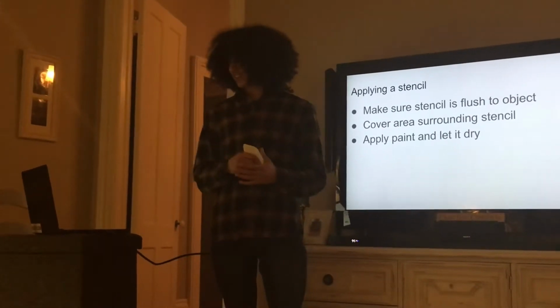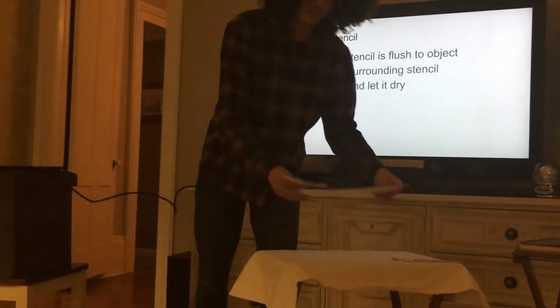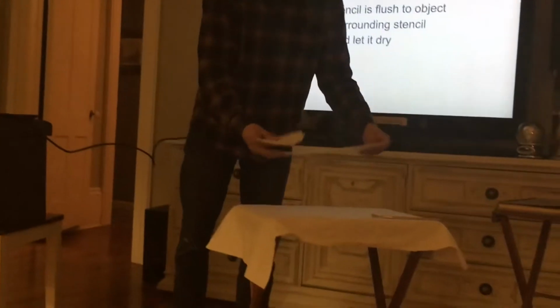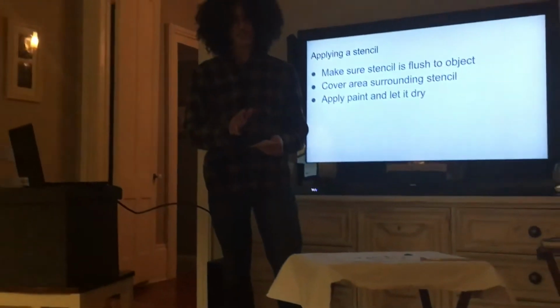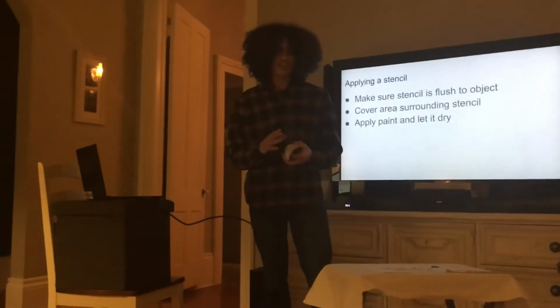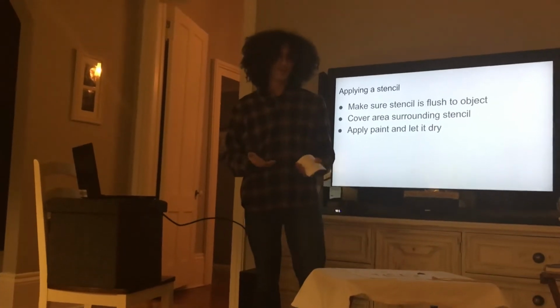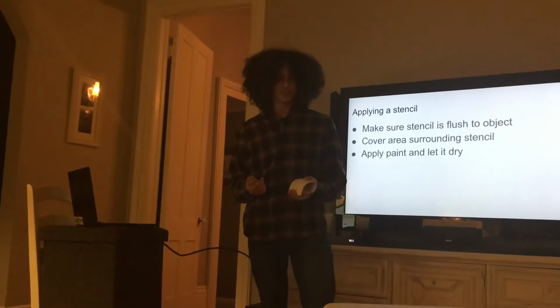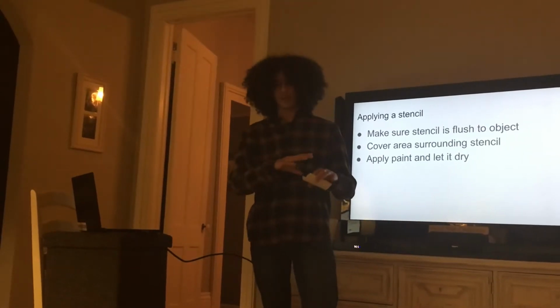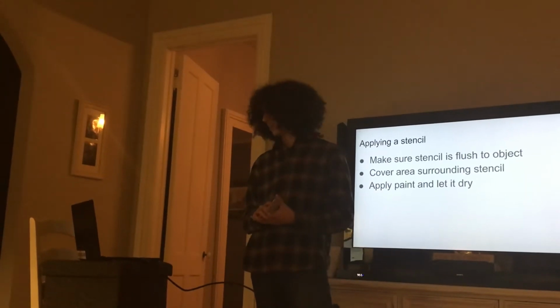So when you're applying your stencil, make sure your stencil is flush on the object. This is my pillowcase right here. This is my stencil. It's flat on the object. And you're going to want to cover the surrounding area of the stencil. That's mostly for if you're spraying something. For this example, I'm just going to be using a paintbrush, so I don't really have to worry about that too much. But you want to be able to cover the surrounding area so as not to get that covered with paint.